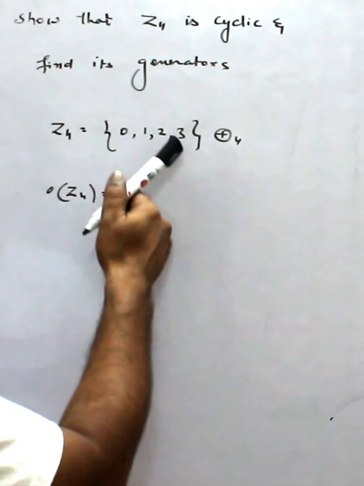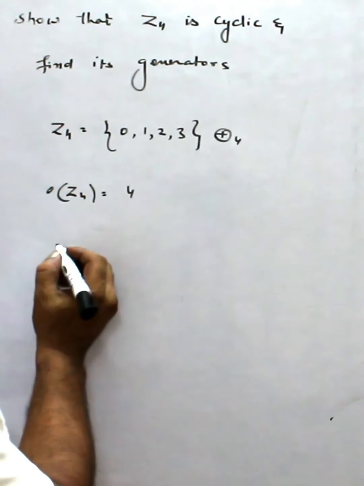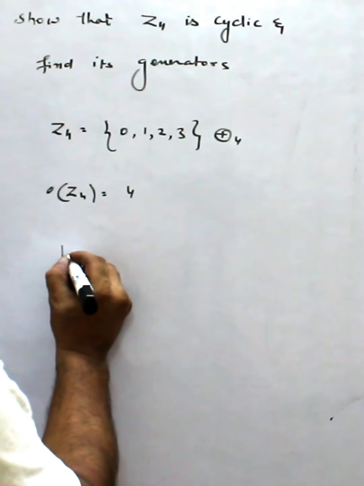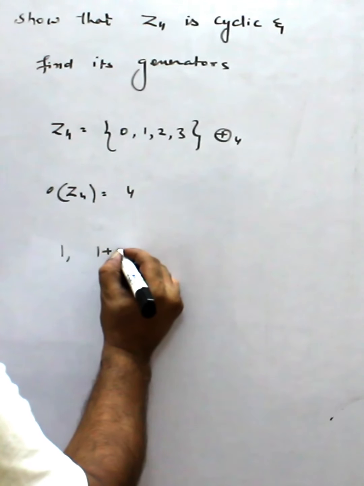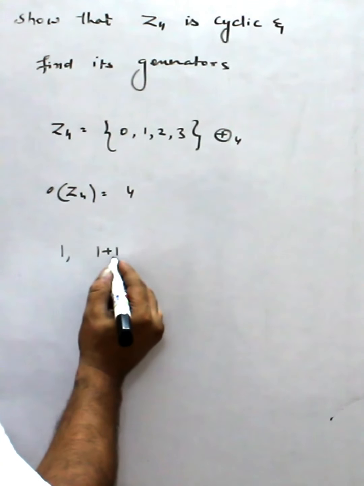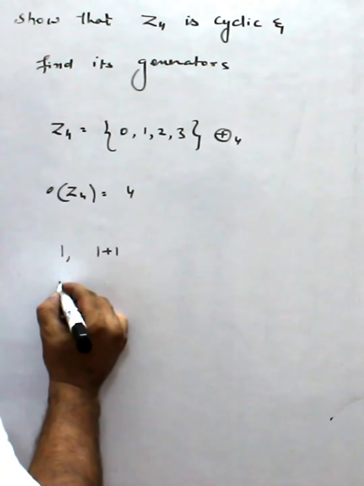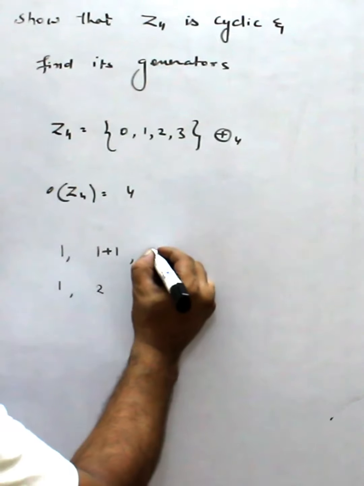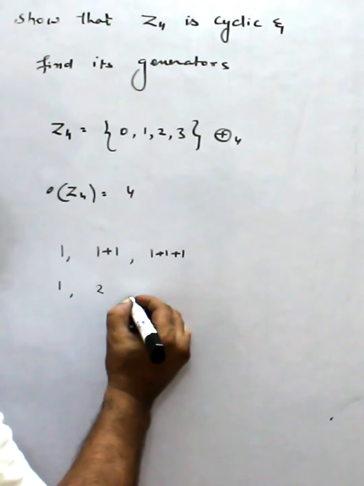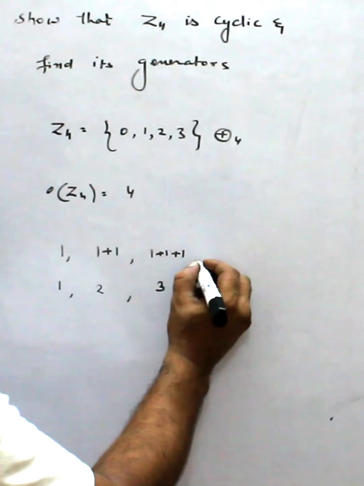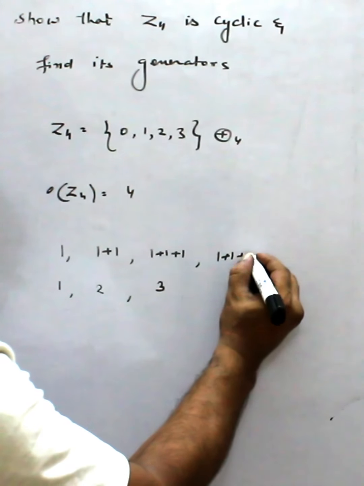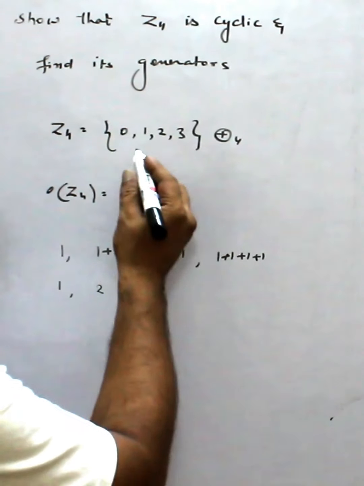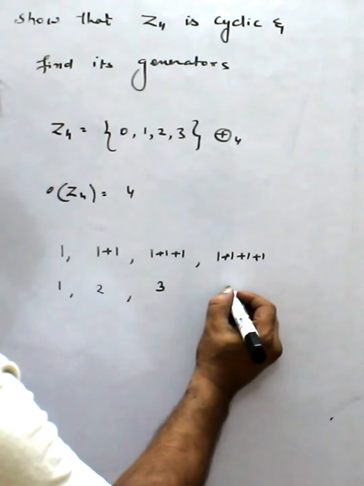Because the operation is addition modulo 4, I claim that the generator is 1. How? 1 added to 1 becomes 2, and 2 divided by 4 gives 2. Similarly, 1 plus 1 plus 1 is 3. Now 1 plus 1 plus 1 plus 1 is 4, and 4 divided by 4 gives 0.